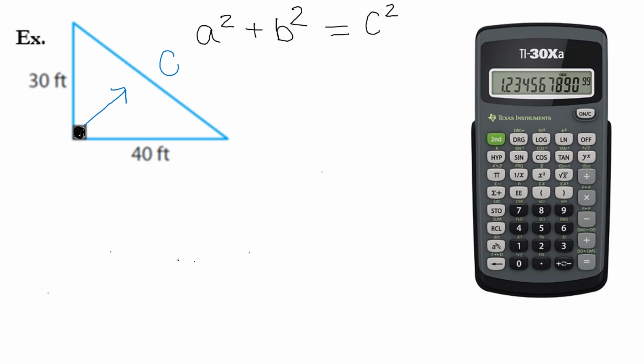So we're going to be solving for the letter C. It doesn't matter which side you pick for A and B, just as long as you know which side is C. I'm going to go ahead and label the 30-foot as A and the 40-foot as B. And we'll take those numbers and plug them into the formula. We're going to take 30 and raise it to the second power, and then we'll add it to 40 raised to the second power.